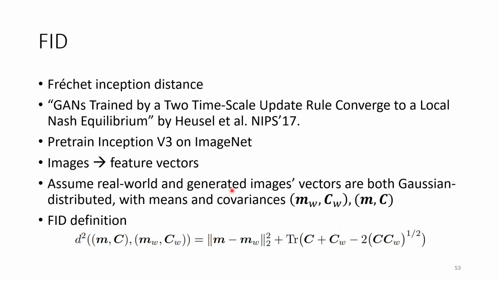But later we will show some cases where it doesn't work. So if they assume a Gaussian distribution, they define the Fréchet Inception Distance to be the distance of the 2 means and the covariances of the 2 distributions.